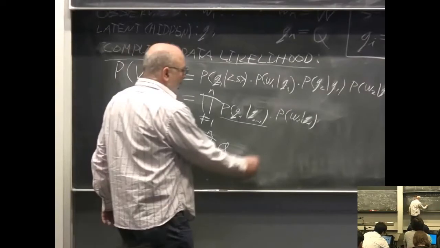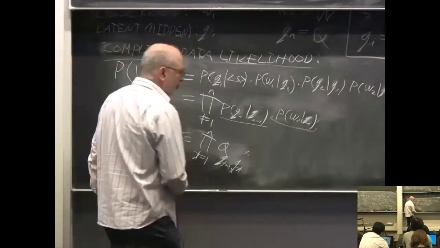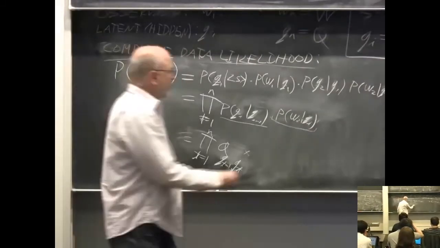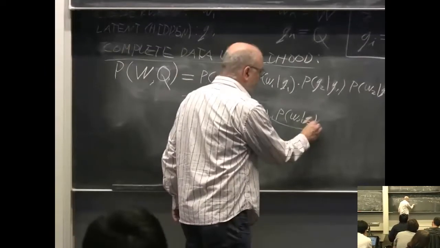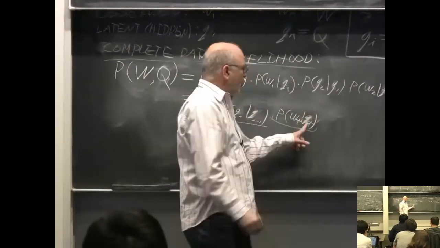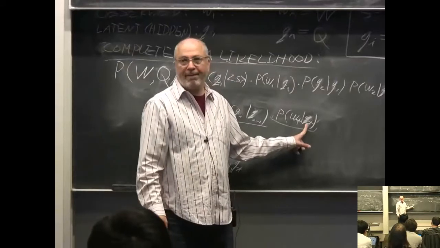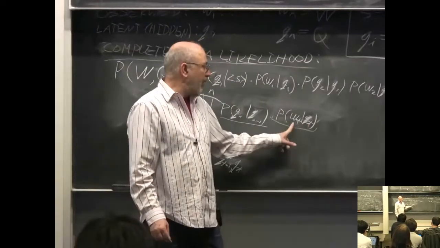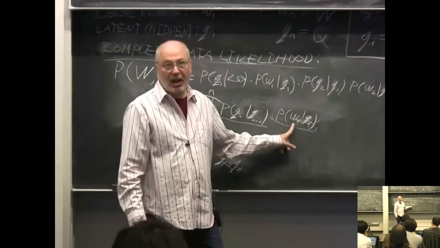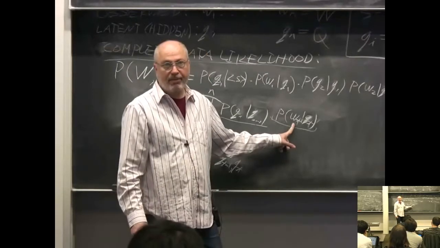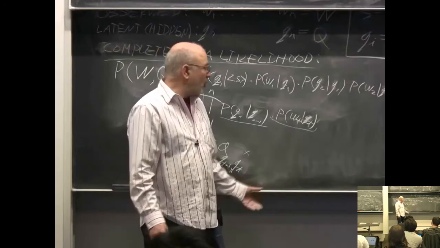And then there's this part. What is this part? This is conditioned on knowing what the part of speech is at time t. What is the probability of a particular word that we see at position t? This is known as the emission probability.